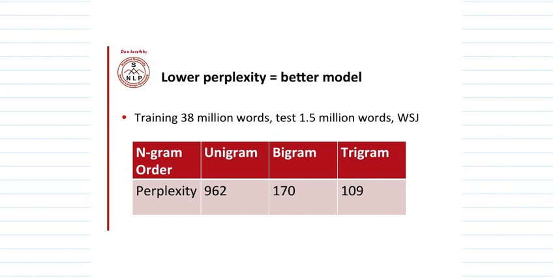Also on the Wall Street Journal, taking the corpus as Wall Street Journal of 38 million training words, the perplexity is calculated for 1.5 million test words. The perplexity obtained for the unigram model is 962, for the bigram model is 170, and for the trigram model is 109.